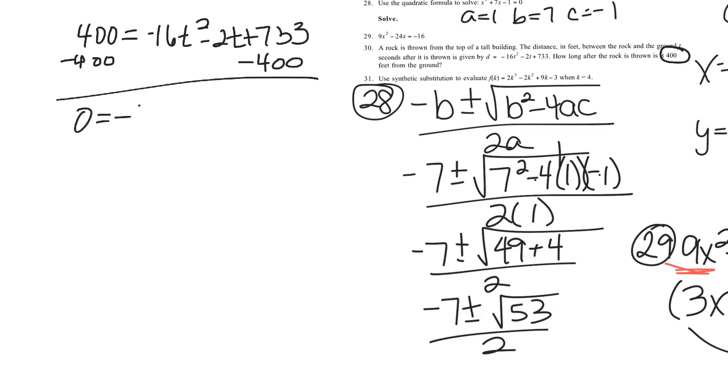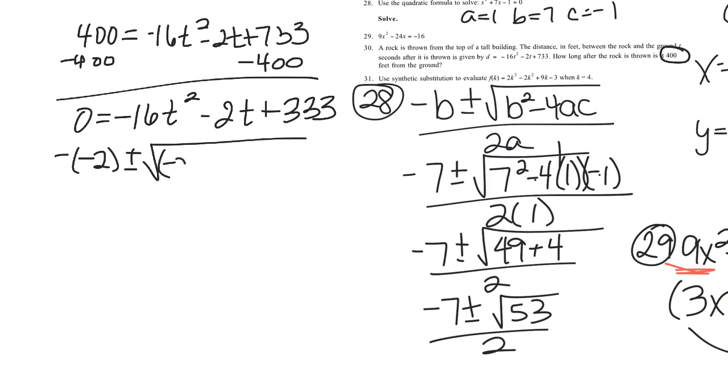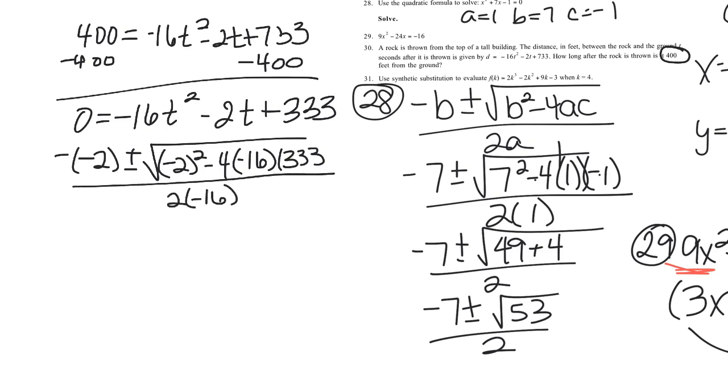So 0 equals negative 16t squared minus 2t plus 333. Now I try to factor something out of that, but 333 is odd, so that's not going to help me. So I'm going to use quadratic formula. Negative b, so negative 2, plus or minus the square root of negative 2 squared minus 4 times a, negative 16, times c, 333, all divided by 2 times negative 16.